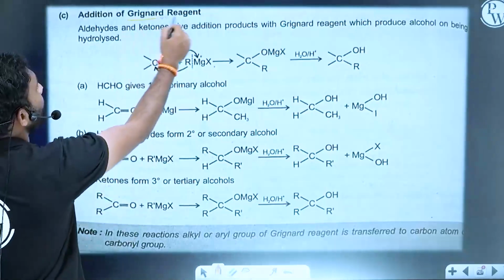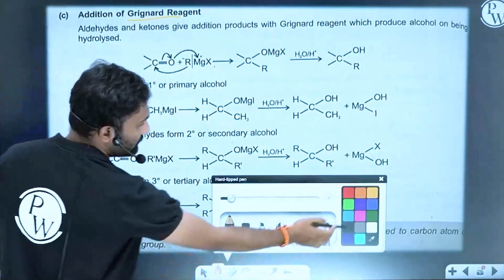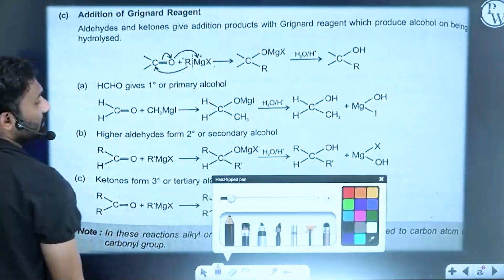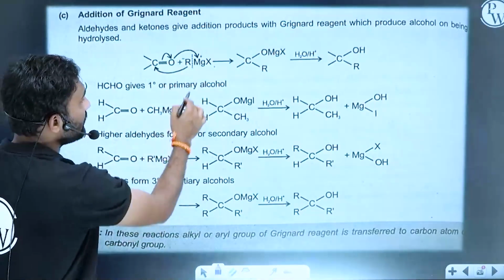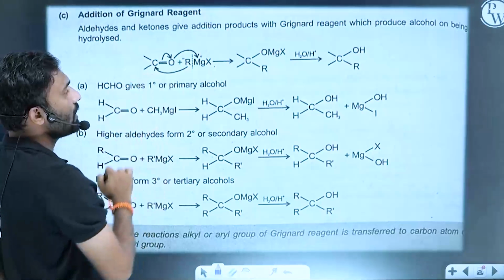By the addition of Grignard reagent we can prepare alcohols. Now look here, this is a Grignard reagent. Metal has the positive charge, alkyl has the negative charge. This is a carbonyl group.